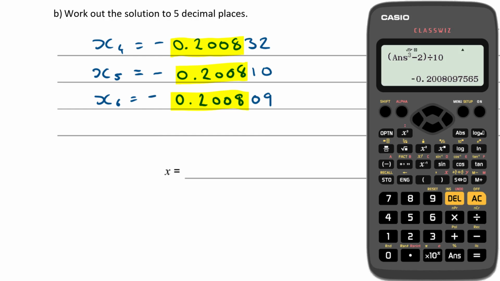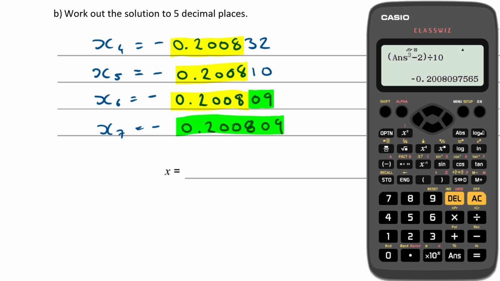So now I've got x7. I've got minus 0.200809 still. Okay, and if I keep pressing the equals sign button after that, you can see it doesn't change. It keeps coming up with the same answer. So you can see the number pattern has settled down all the way to 6 decimal places.